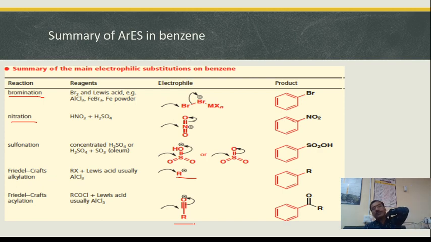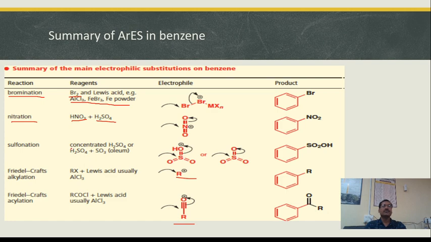Now, these are the electrophiles, and how can they be generated? They can be generated by using a source of electrophile plus a catalyst. If you want to do bromination, molecular bromine will be the source, and the catalysts are any Lewis acid like FeCl3, FeBr3, or in some cases iron powder. In case of nitration, the source of nitronium ion is HNO3 and the catalyst is H2SO4.